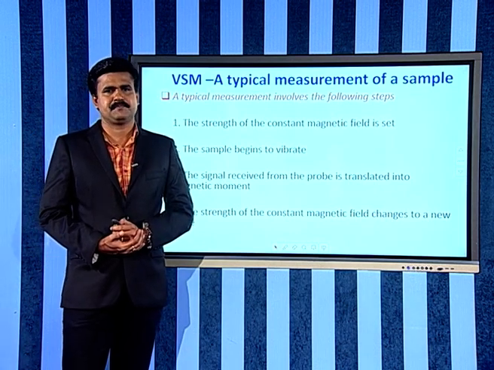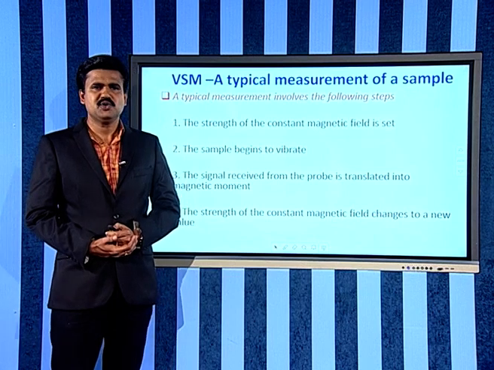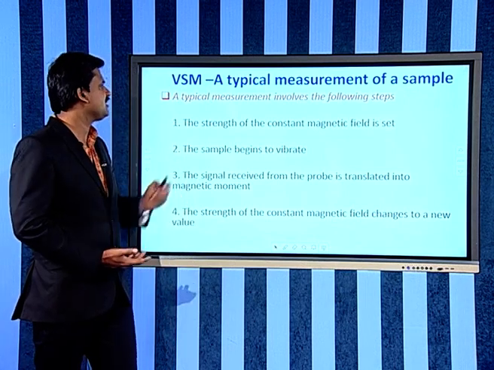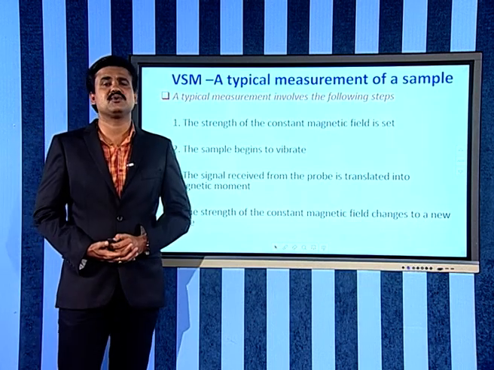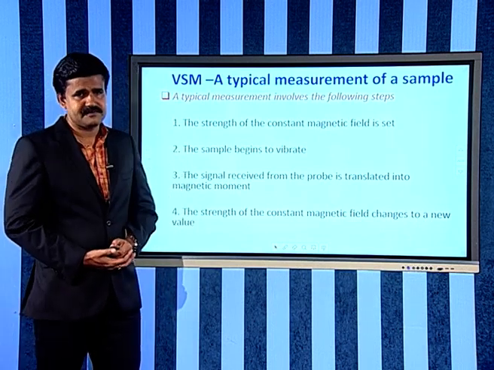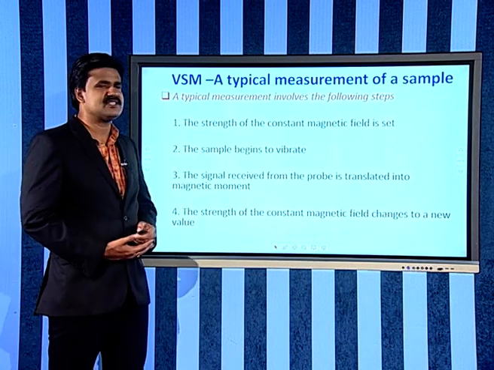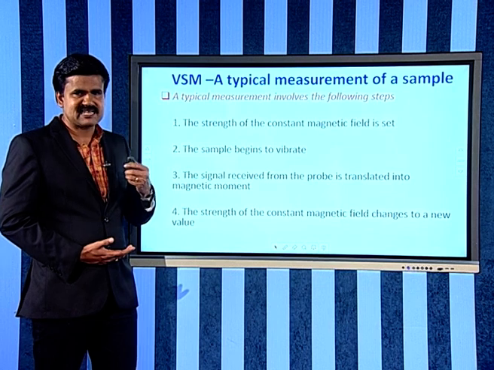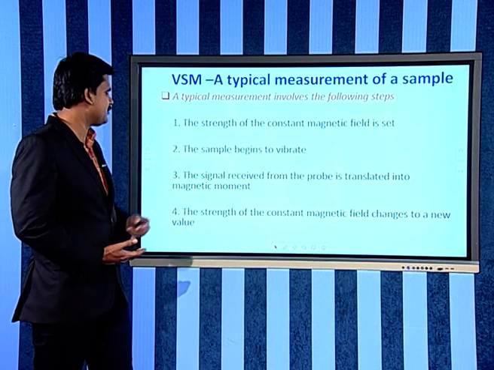A typical magnetization measurement of a sample using vibrating sample magnetometer includes the following steps. In the first step, the strength of the constant magnetic field is set. Then the sample begins to vibrate. The signal received from the probe is translated into magnetic moment.